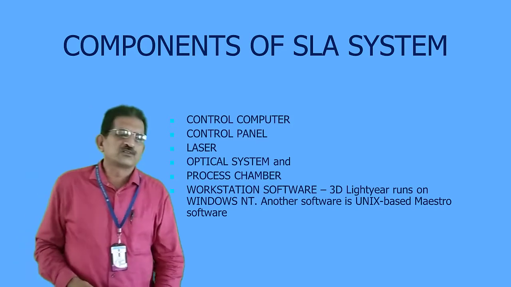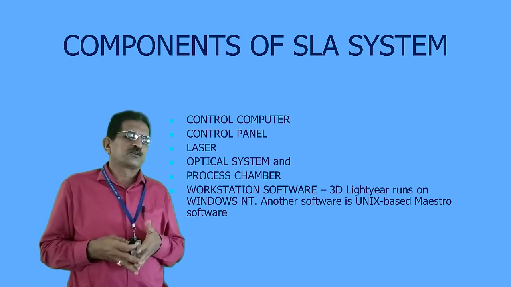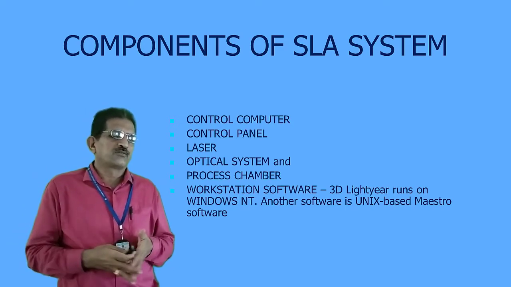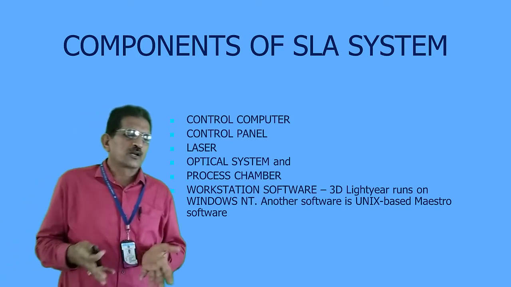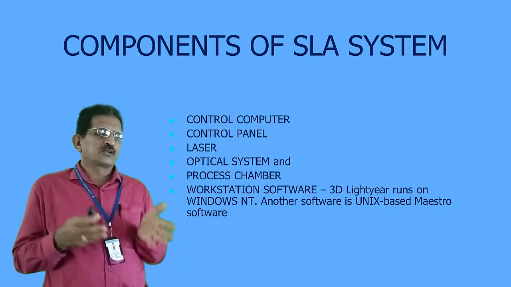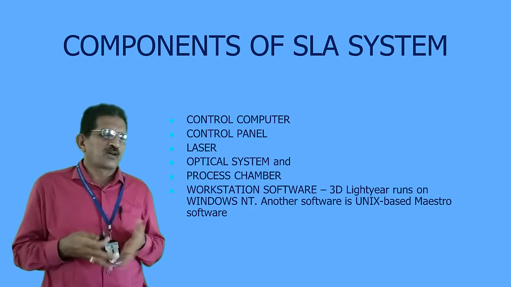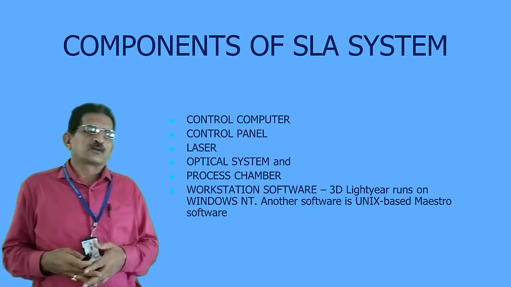In an SLA system, if you want to carry out this polymerization process, the components of the SLA system are as follows. First we have a control computer, then a control panel, and we require the laser according to the required intensity, then we have the optical system, and the process chamber.